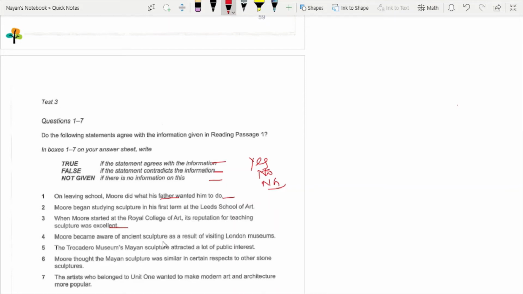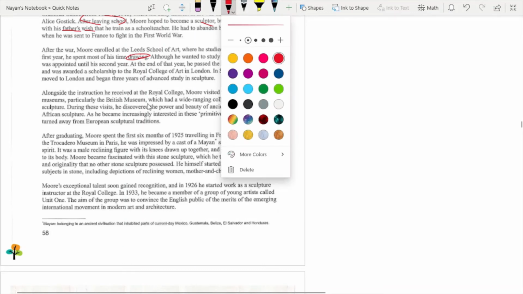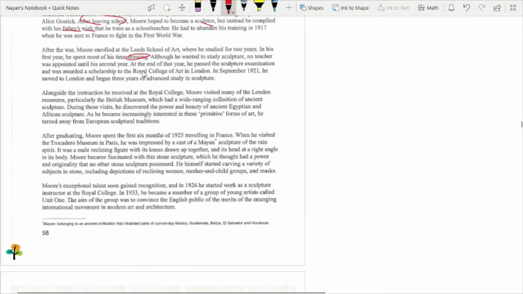Moray became aware of ancient sculpture as a result of visiting London Museum. Okay, so he became aware because he visited London Museum. Let's see what information is there. What is our keyword over here? London Museum. So let's see whether they are mentioning anything regarding this or not. I can see London over here.